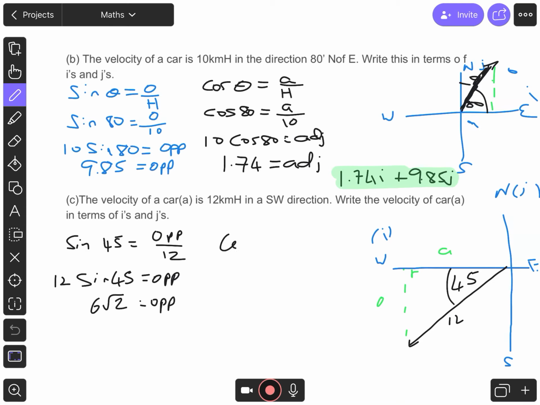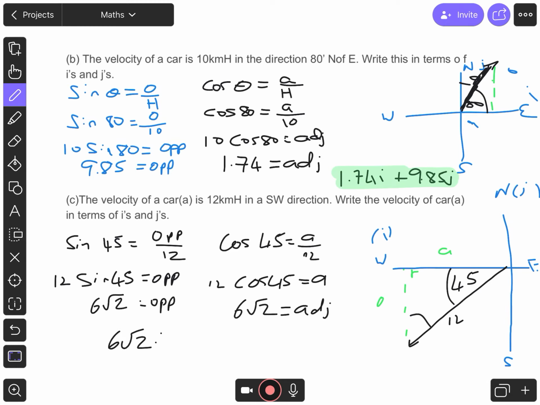I do the exact same thing with cos 45 is equal to my adjacent over 12. That's 12 cos 45 is equal to my adjacent. Because cos 45 and sine 45 are the same thing, they're going to come out to be the same. And also because this angle is also 45, we'd have an isosceles triangle. So it's going to be 6 root 2 i and 6 root 2 j.